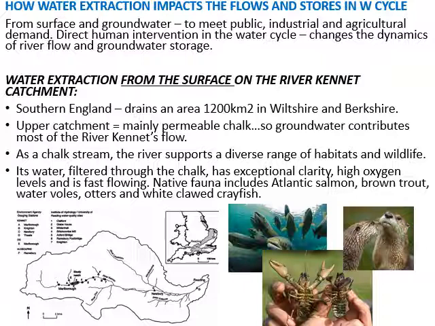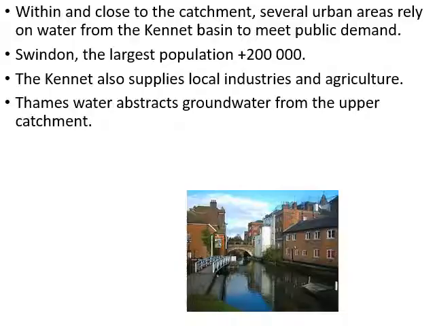There's loads of wildlife supported by this river because the chalk filters the water and makes it really, really high in oxygen, and it's perfect for lots of different creatures like the Atlantic salmon, the brown trouts, you've got the water voles, you've got those white-clawed crayfish, which is the bottom picture there, for example.